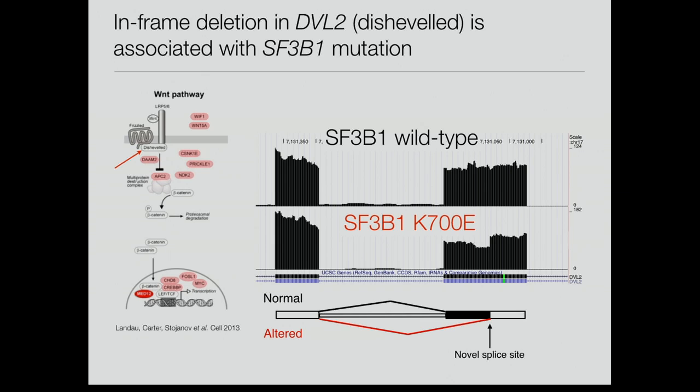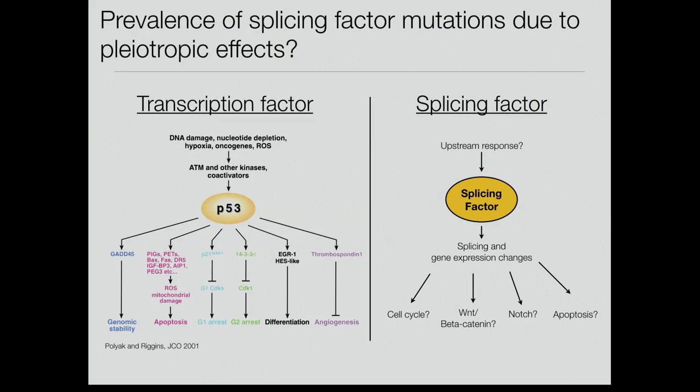Some functional follow-up that my collaborators, Kathy Wu and Lily Wang, have done shows that this splicing event actually does have a functional effect on the protein. So just to summarize what we're seeing with these splicing factor mutations and how we're framing it: these mutations, like known transcription factor mutations, are having very pleiotropic effects.